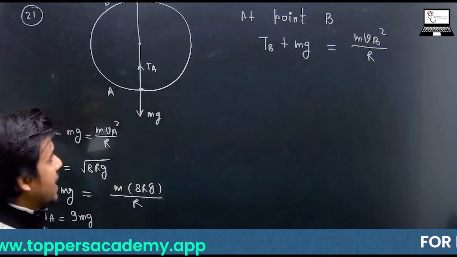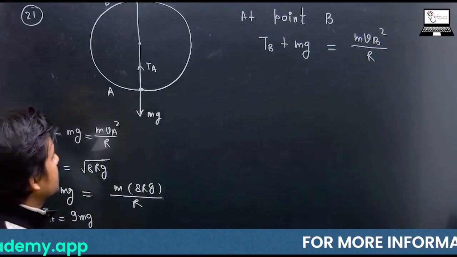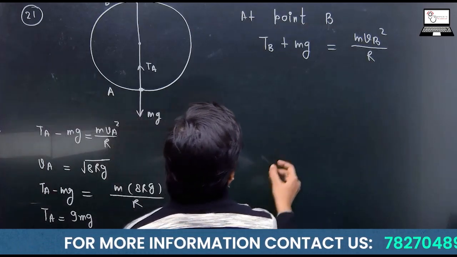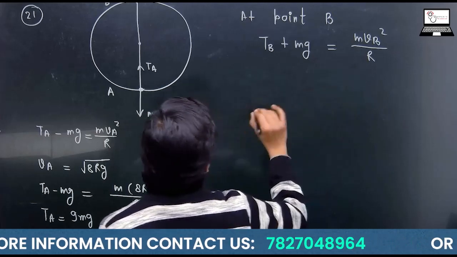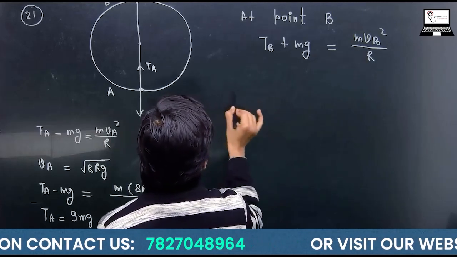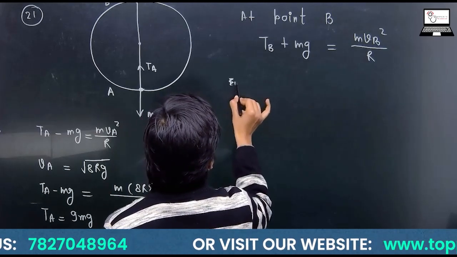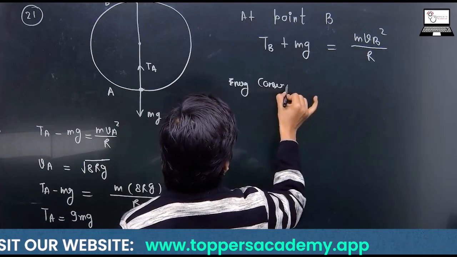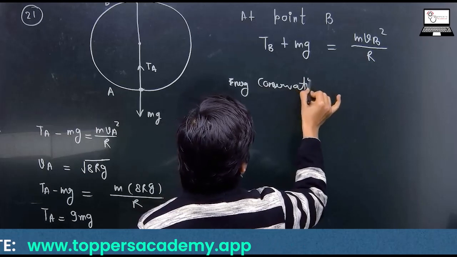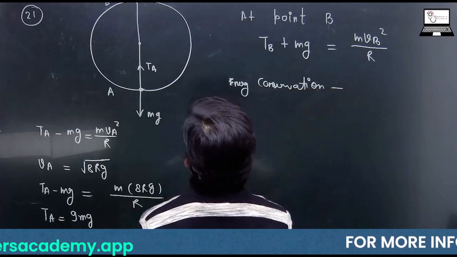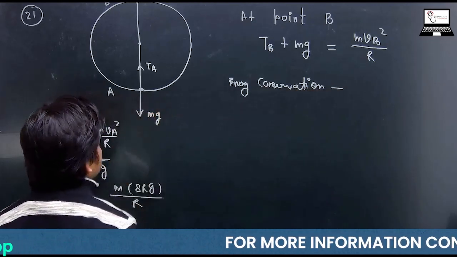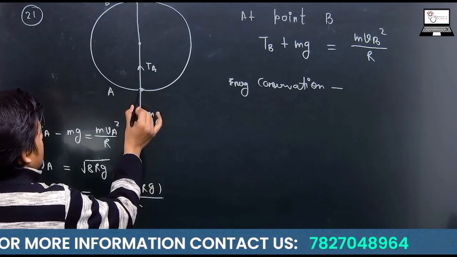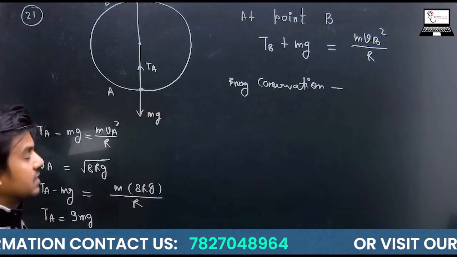Now how can we find VB? We can write from energy conservation: kinetic energy plus potential energy at point A. Potential energy, I am assuming it is the reference point, so potential energy is 0 here.